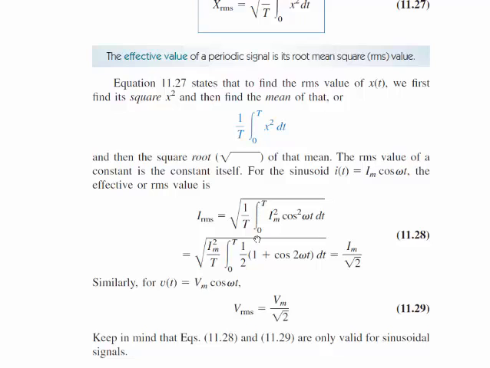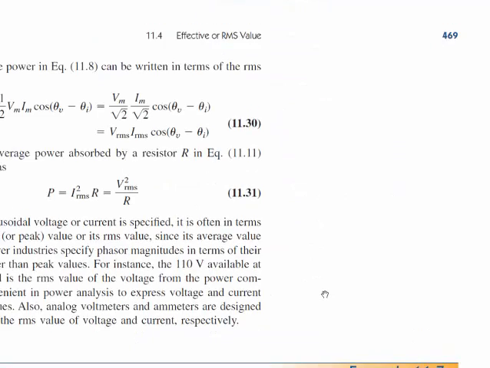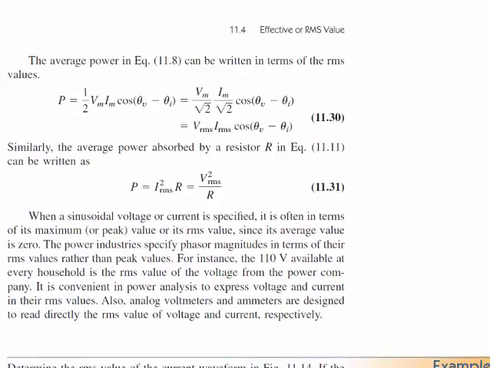Then you have to integrate it over the period. To do that integration, use your trig identity right here to split up that cosine squared omega t. When you do the integration, you'll get that I RMS equals I max or I peak divided by the square root of 2. Similarly for voltage, of course, you'll get the same thing.